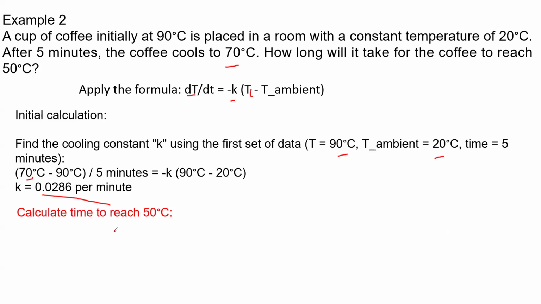To calculate the time, we say the temperature after allowing the coffee to stay long is going to be 50 degrees centigrade minus 90 degrees centigrade divided by delta T. In the formula, we have minus 0.0286, then open brackets, the final temperature of 50 minus 20 degrees centigrade, and that will give us the time to be 13.98 minutes.